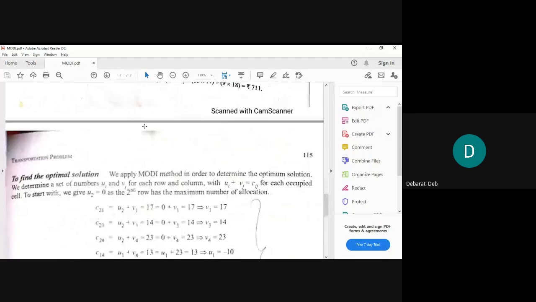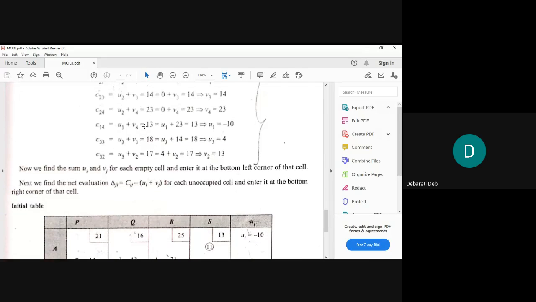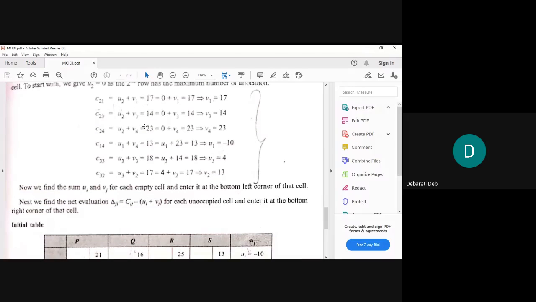If we know U1 and V1, then we add them and write the result at the bottom left corner of that cell. What is the value of U1? U1 is minus 10 and V1 is 17, from this calculation.